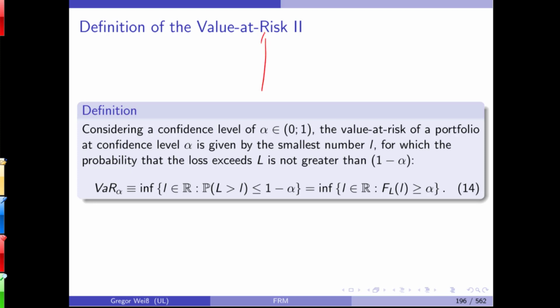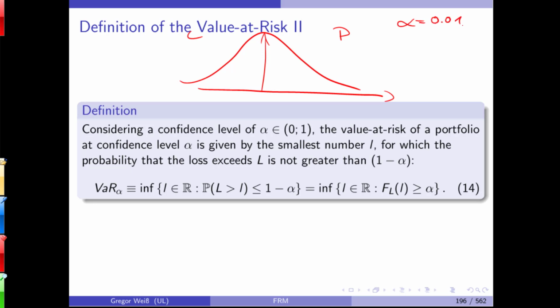However, probably you have no idea what I'm talking about. So let's look at a profit and loss distribution. We have profits here and losses here. What is the value at risk for, say, alpha equal to 1%? It's just the 1% quantile.